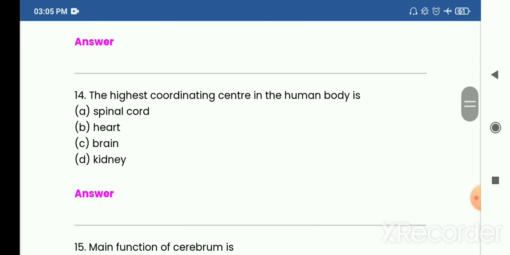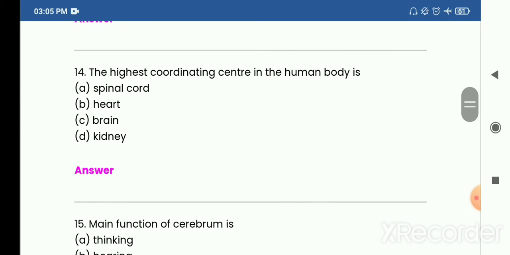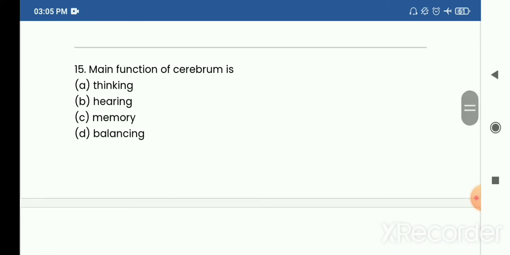Then next question. The highest coordinating center in the human body is spinal cord, heart, brain or kidney. This is the easiest question. Option C is the correct answer here, that is the brain. The brain is the highest coordinating center in the human body. Then question number 15.